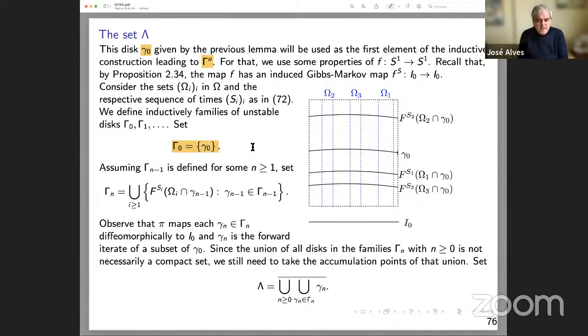And how do we obtain, assuming we have one constructed, the next one? Well, let's look at the first step. In the first step, I have this Gamma 0, and recall that Gamma 0 projects down to I0. In I0, I have the partition in two elements, little omega 1, little omega 2. And the pi minus 1 of these, when I intersect with the solenoid, pi minus 1 of these little omegas give rise to the big omegas.